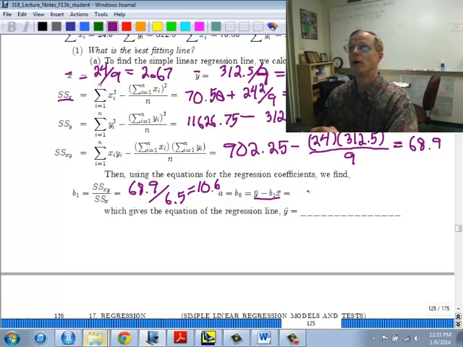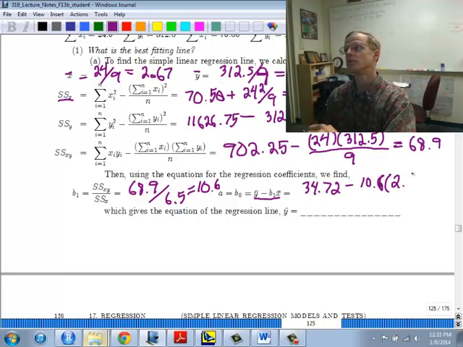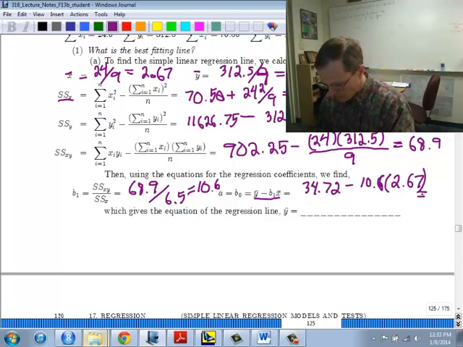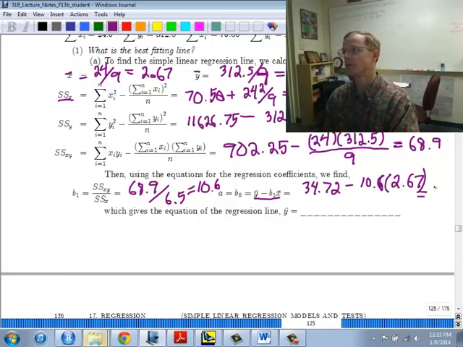So we're going to use Y bar, 34.72 minus, let's see, our slope was 10.6 times X bar, 2.67, and that gives 6.65.